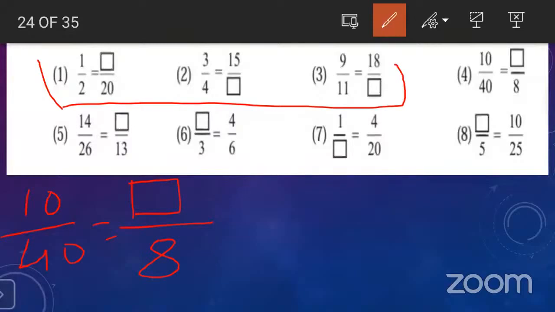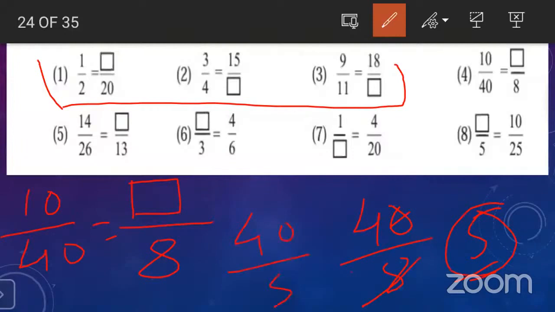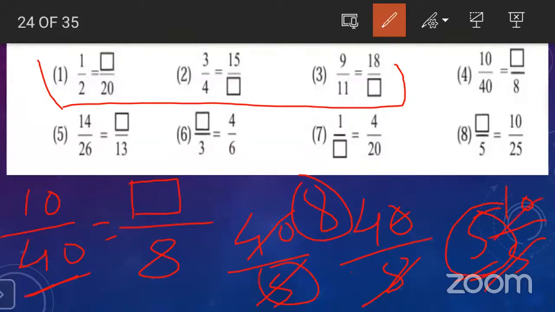If you divide 40 by 8, what is the answer? 8 fives are 40. So 5 is the number we have to use. So if you divide 40 by 5, 5 eights are 40, isn't it? So here is written 40. Now similarly, here 10 divided by 5, isn't it? 5 twos are 10.